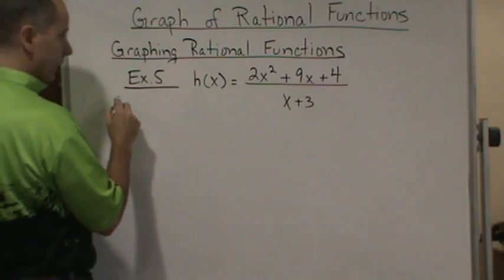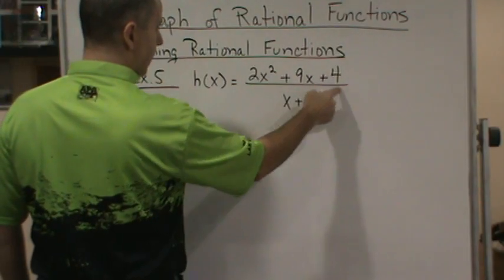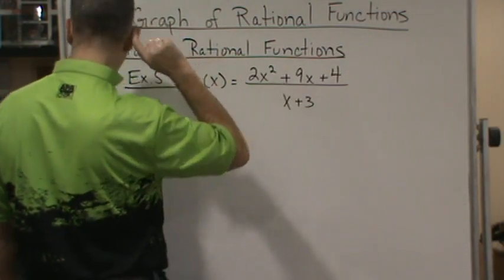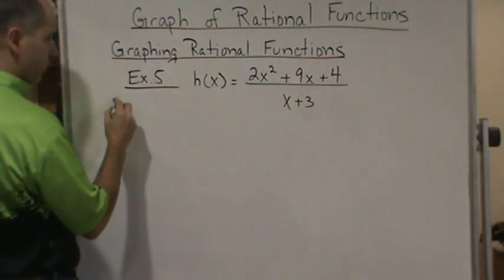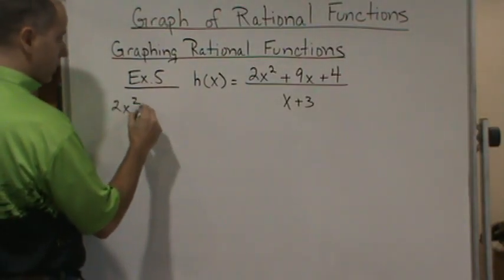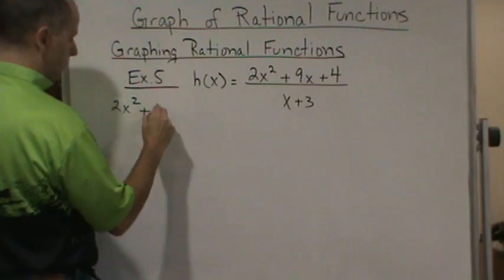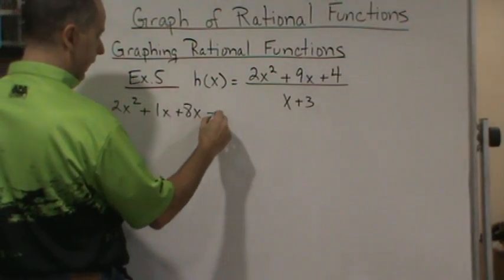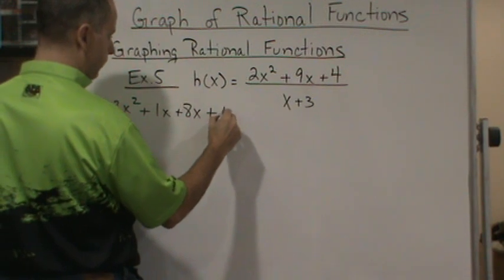So let's see here. Multiply these together, we get 8. So 2 factors of 8 that add up to 9 is 1 and 8. So we could do 2x squared plus 1x plus 8x plus 4.